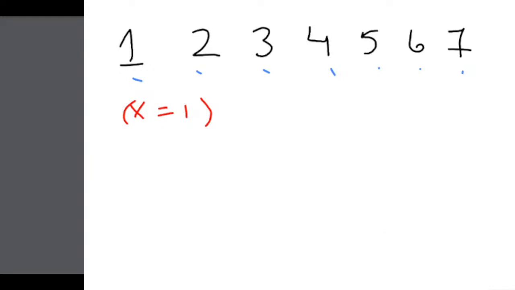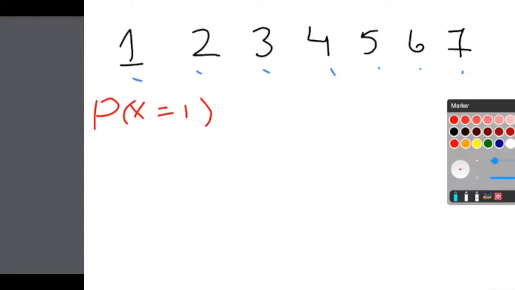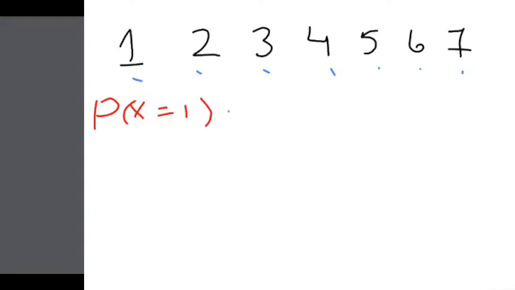Okay, let us find the probability of that occurrence. It is equal to the total number of favorable outcomes, 14, divided by the combination 7C2.